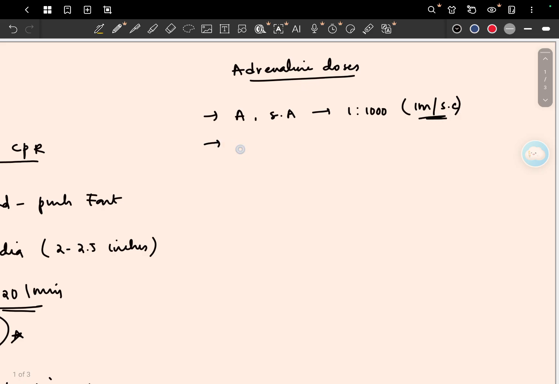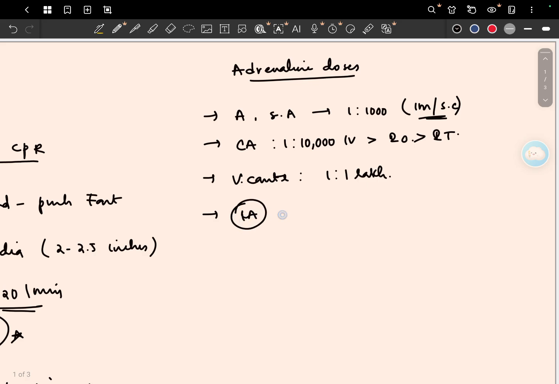Next, in cardiac arrest, we'll be giving 1:10,000 IV, which is preferred over interosseous, which is preferred over intratracheal. Then for vasoconstriction, we'll be giving 1:1 lakh, in local anesthesia 1:2 lakh, and in labor 1:4 lakh.